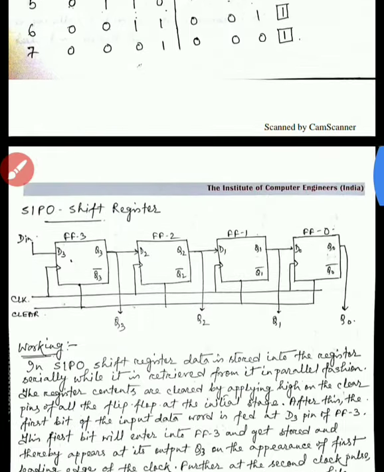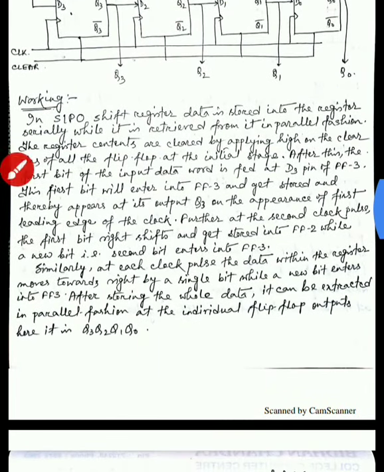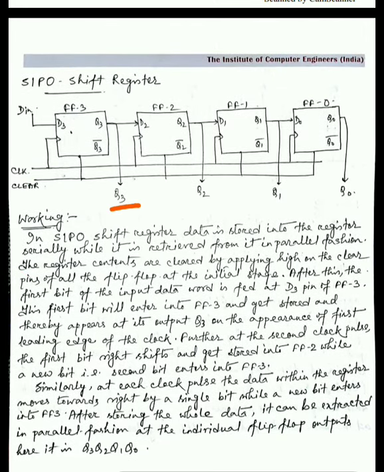But to retrieve data, there is a single output line for every output value. Suppose we store here 1 0 1 1, 4 bits of data, 4 clock pulses are required to store the data. And whenever the data is stored, its value is there, so we also get the output: Q3 value 1, Q2 0, Q1 1, Q0 1.